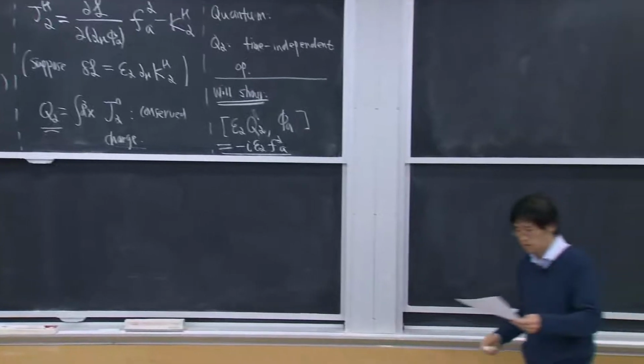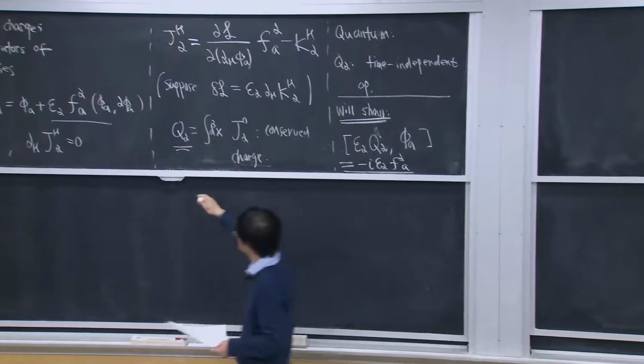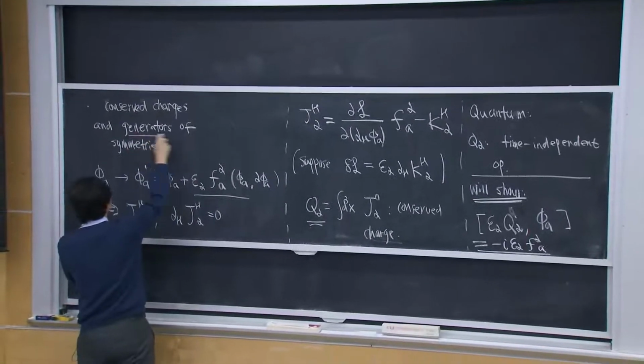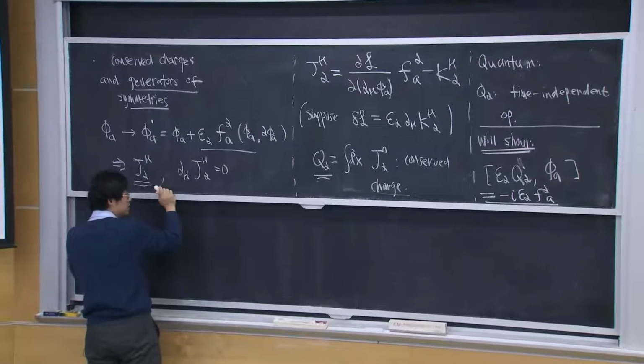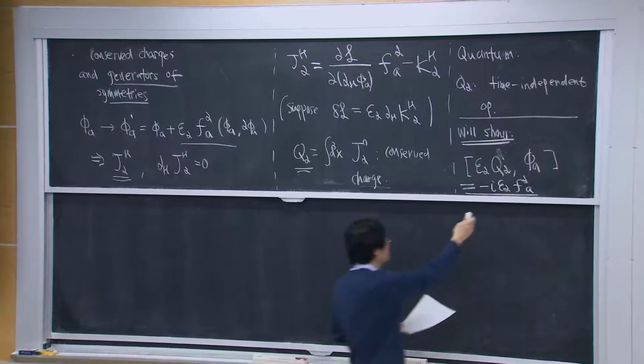That's why we call Q alpha also a generator of symmetries. This is the statement that I'm going to show very soon.